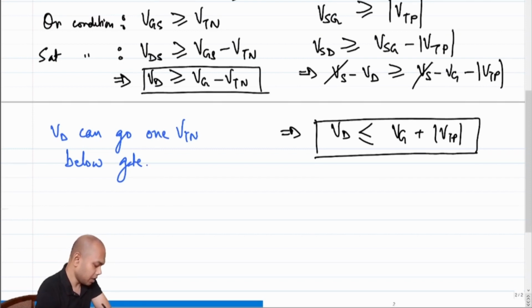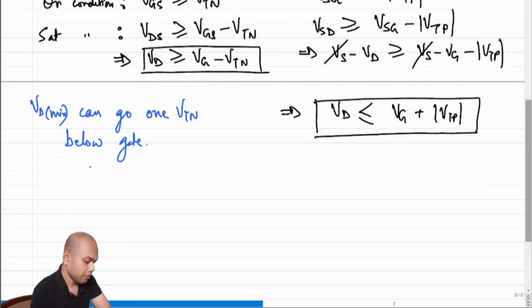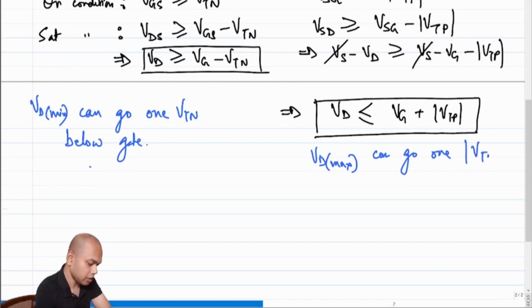So this is a minima condition, Vd minimum can go one threshold voltage below the gate. In case of a PMOS, Vd has to be less than something, which means this is the condition of Vd maximum, right? So in case of this, Vd max can go one threshold voltage above the gate voltage. Okay.